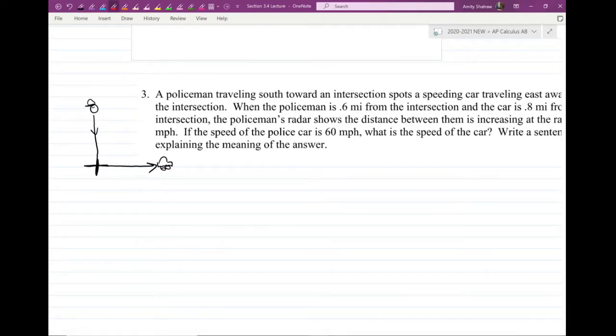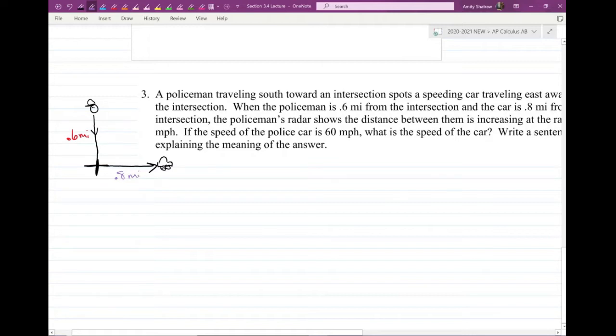And what it says is that the policeman is 0.6 miles from the intersection. 0.6 miles, okay? And then it says the car is 0.8 miles from the intersection. The car that he sees speeding away is 0.8 miles from the intersection.